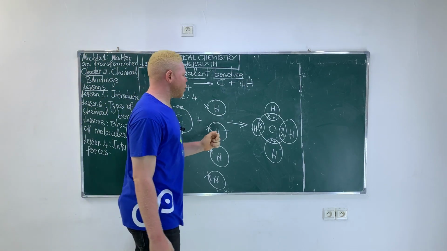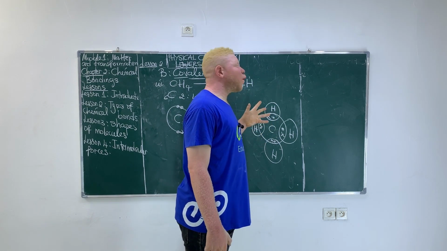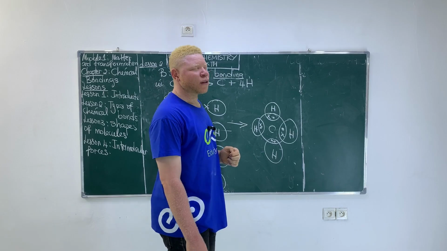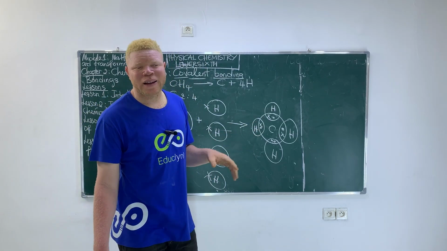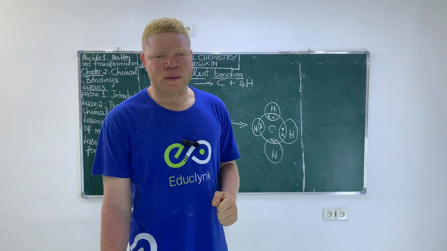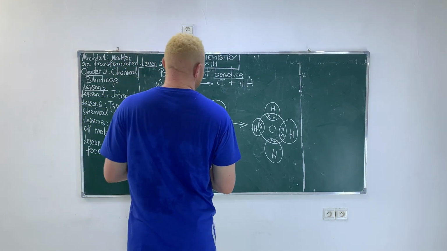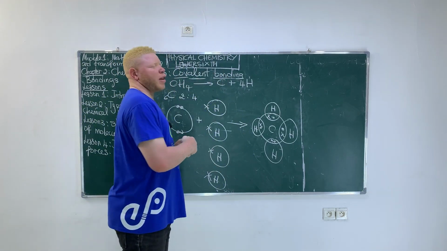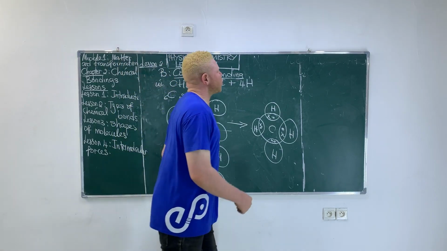At the end of the day, we're having what? We're having 4 electrons in the outermost shell. In this case, we're having now a molecule with 4 bonded pairs and no lone pairs of electrons. So we're going to see now our dative covalent bond, because covalent bonding is divided into 2.